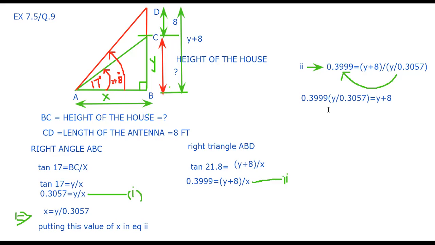Now you need to simplify this expression. 0.3999 divided by 0.3057 should be within the bracket. I have separated the numericals, and I will keep the variable y outside, which equals y plus 8.